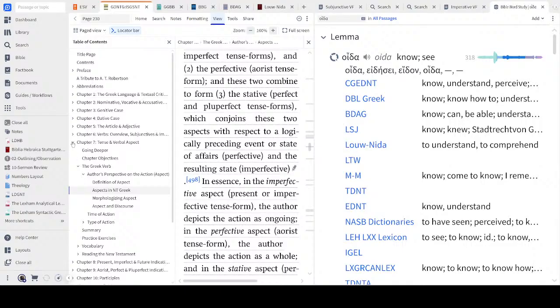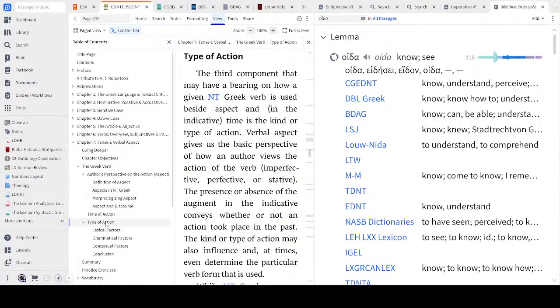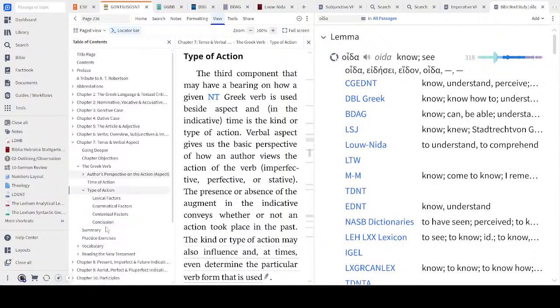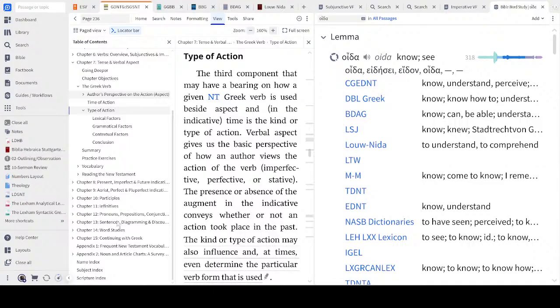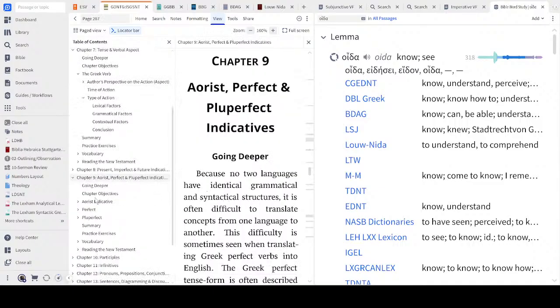There we go. We can see these a whole lot better as we look at the type of action. I want to get into what it says about the perfect.